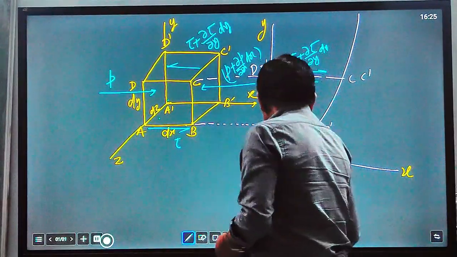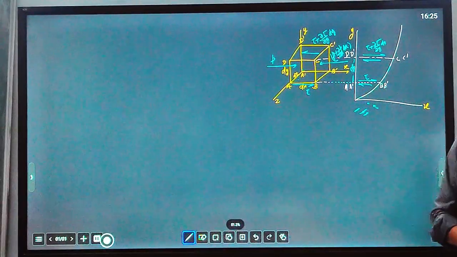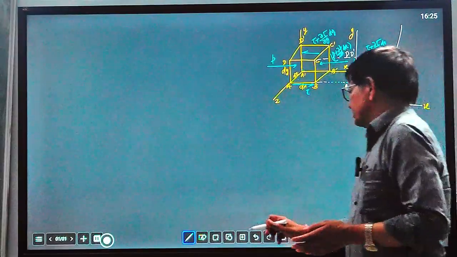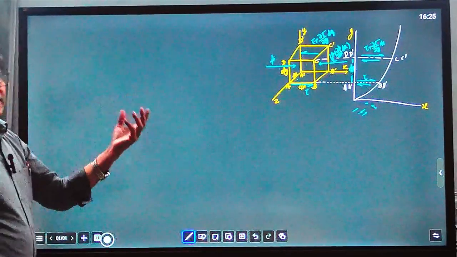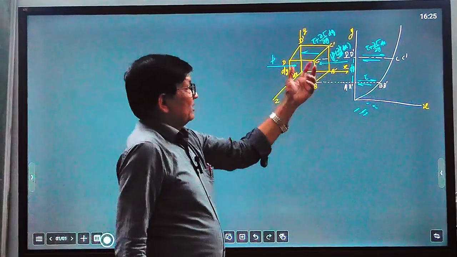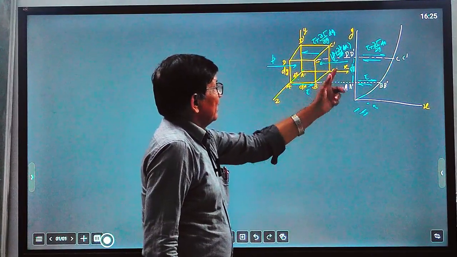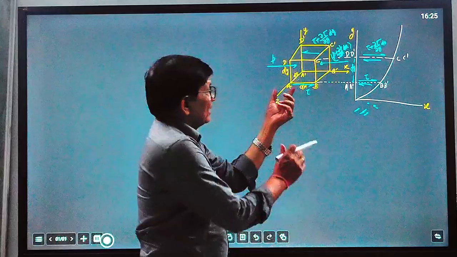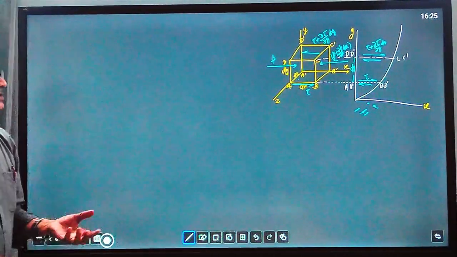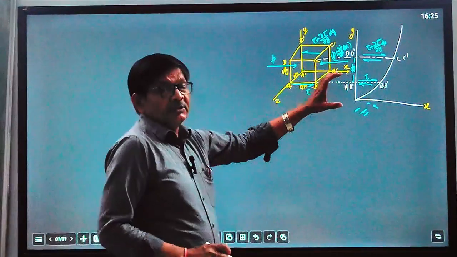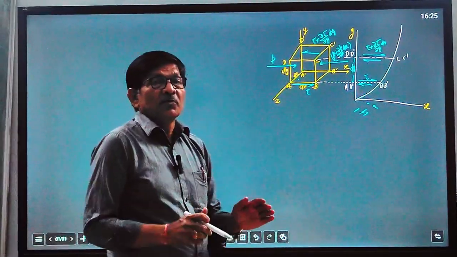So we have to find out, under equilibrium condition, what forces are acting. The intensity of pressure varies between surface A dash, D dash and surface B dash, C dash, which differ by dx. So pressure is changing, and the shear stress opposes the force due to pressure. Under equilibrium condition, there is no net force acting.